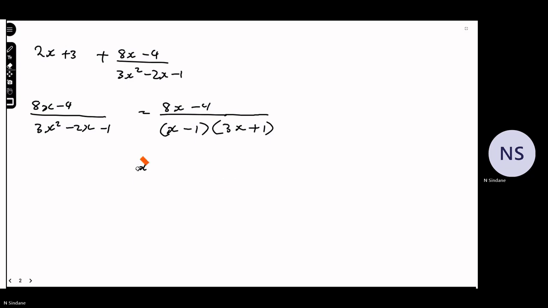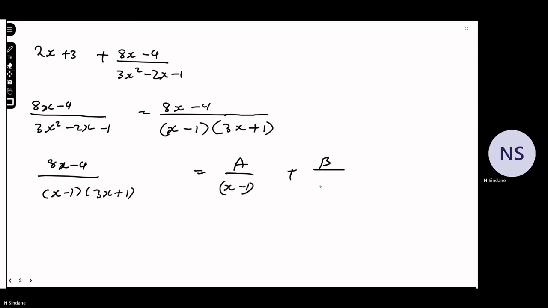Now, from there, I have 8x minus 4 over x minus 1 times 3x plus 1, which equals a over x minus 1 plus b over 3x plus 1.